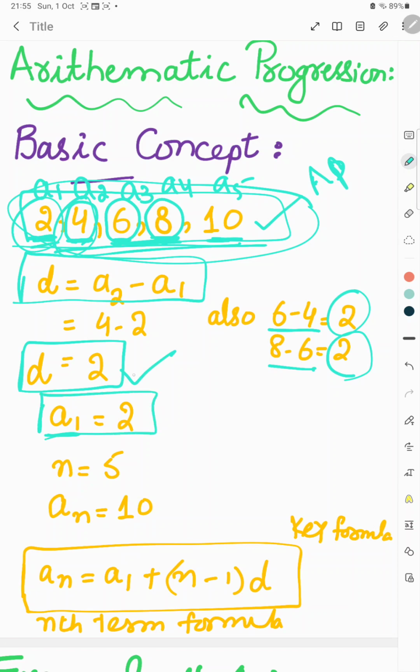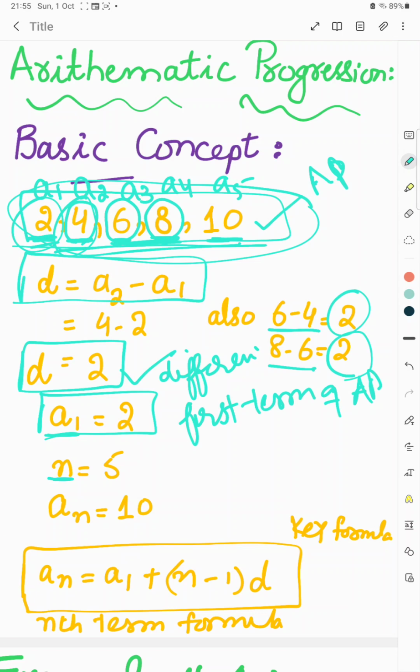Now what is n? One thing I want to write, D is for difference. A1 is always the first term of the arithmetic progression. And now what is n? N is the number of terms present in the arithmetic progression.